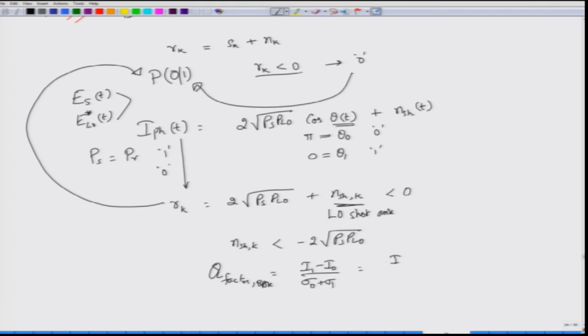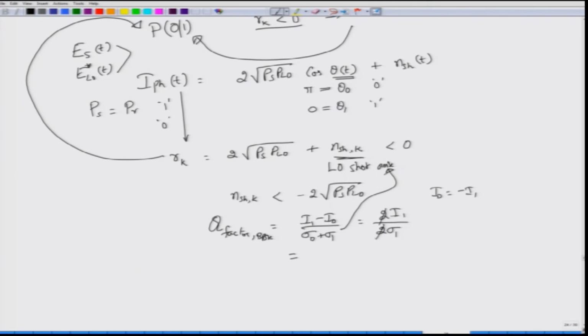So, you get 2 times I1 divided by 2 times sigma 1, because the noise for 0 and noise for 1 in the LO shot noise limited case will be approximately equal, and I0 will be equal to minus I1, that is when you transmit a bit 0 you will get minus of the current, the amplitude would be negative. So, you get minus I1 and 2 cancels over here, and the Q factor simply becomes I1 by sigma 1. Contrast this to the Q factor for on off keying.